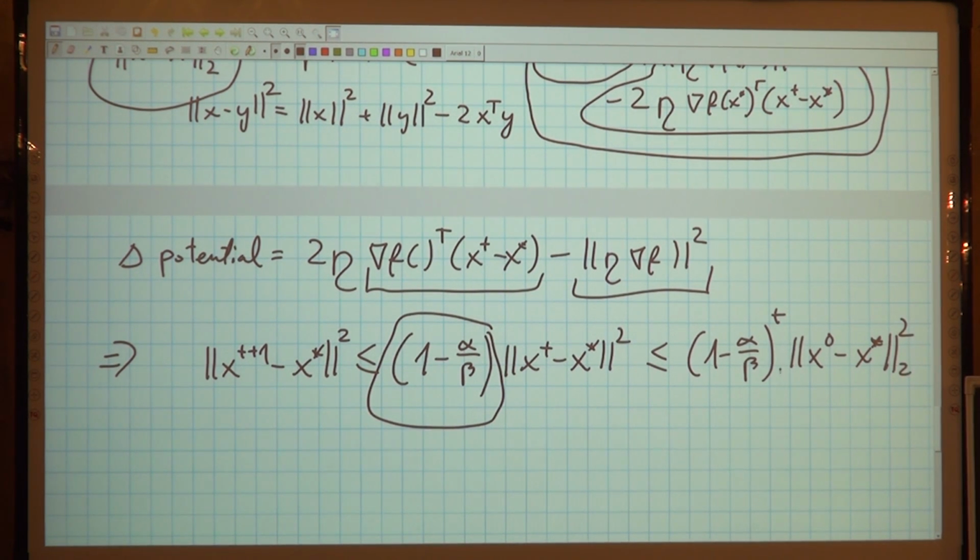So we see that there's a geometric decrease of this distance each time we take a step.